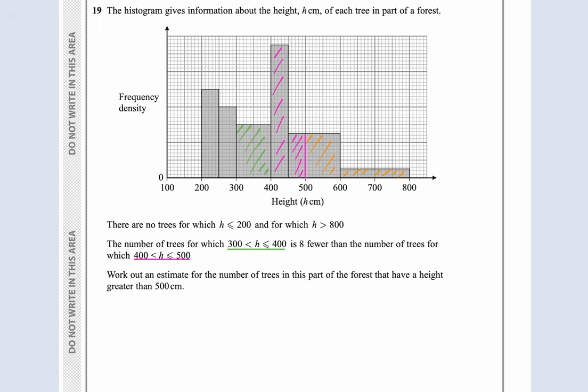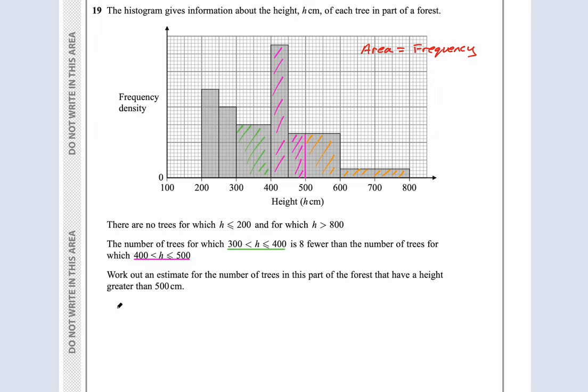Okay, now the most important thing to remember, guys, in a histogram question is that the area is equal to the frequency. If you only remember one thing about histograms, remember that. The area is the frequency, right? So let's focus on the area. This is a tricky question, to be fair. Let's look at the green area.